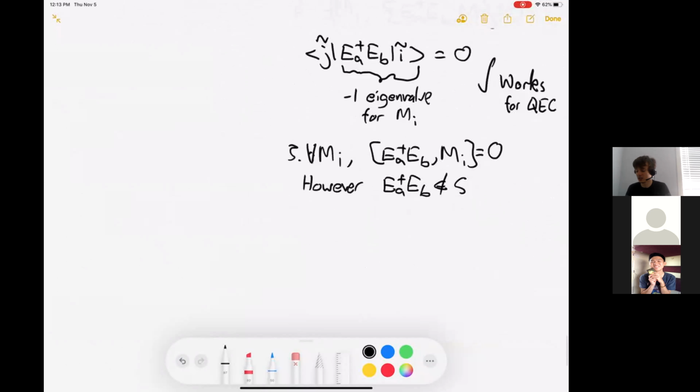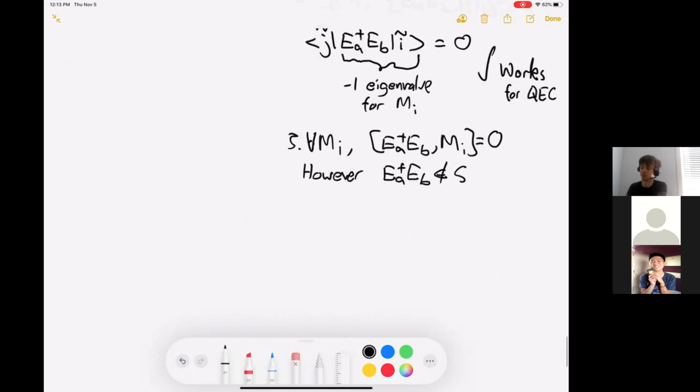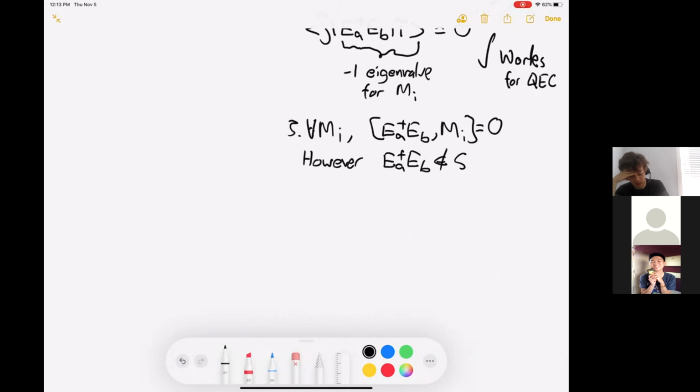So what happens in this case is that EA dagger EB acting on psi tilde is contained in the code subspace because it still has the same eigenvalues for the mi's as psi tilde did. They're all still +1, so they're commuted with everything, but it is not in general equal to I tilde.